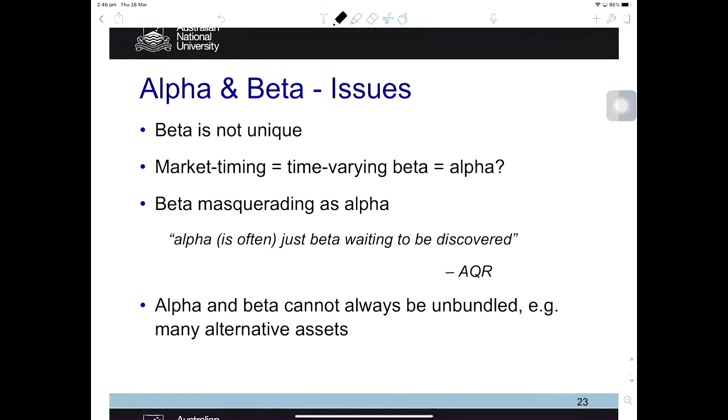The issues of alpha and beta in the industry context: about 20 to 30 years ago, a lot of the investment products advertised in the market as alpha actually turned out to be some beta exposure. For instance, small cap investment.